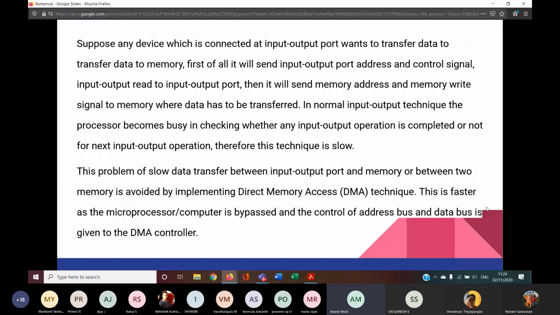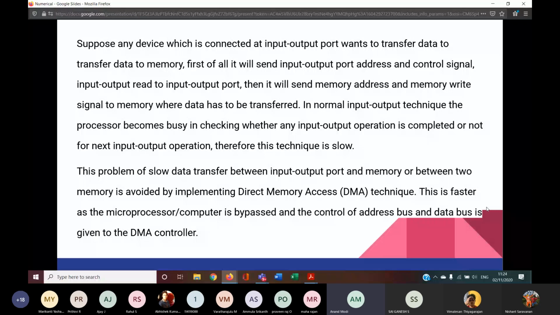Yeah, so suppose any device is connected at an input-output port and wants to transfer data to the memory. First of all, it would send the input-output port address and the control signal, input-output read, to the input-output port. It would send the memory address and memory write signal to the memory where the data has to be transferred.